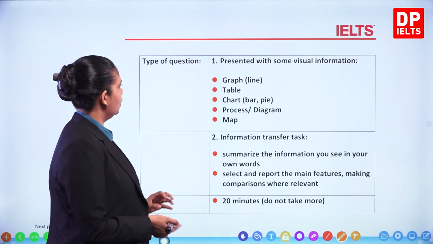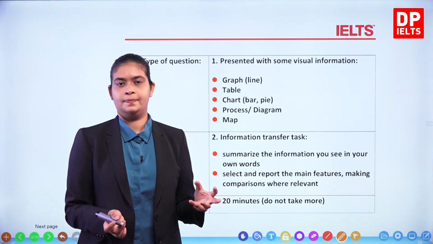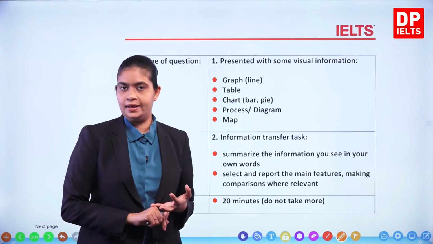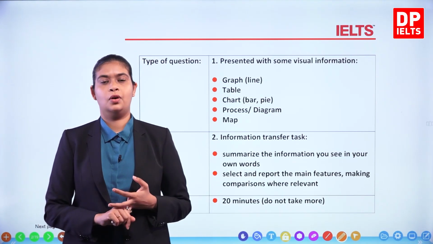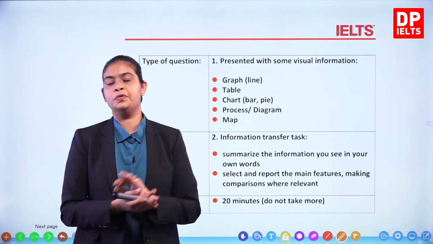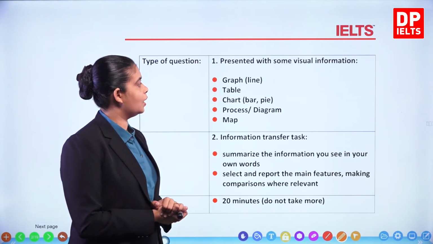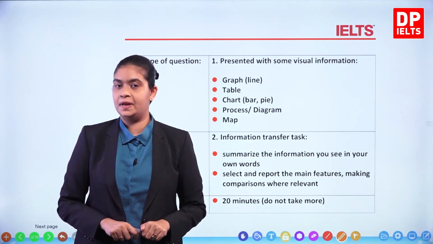Now, what type of question would you get? You would have to explain a visual, or what we call a visualized kind of picture. What kind of visual information would you get to explain?